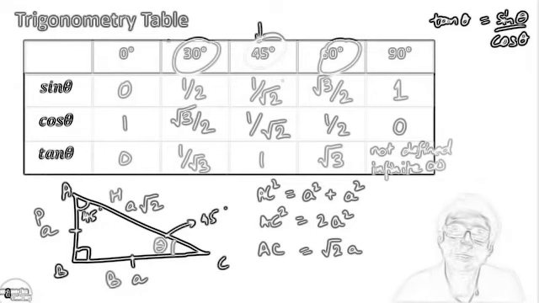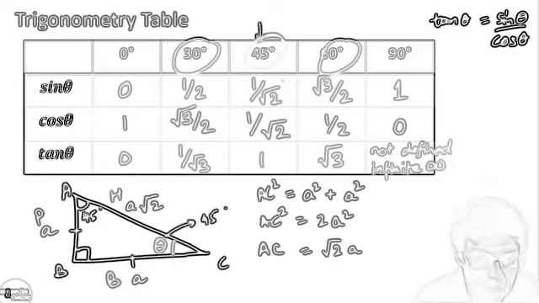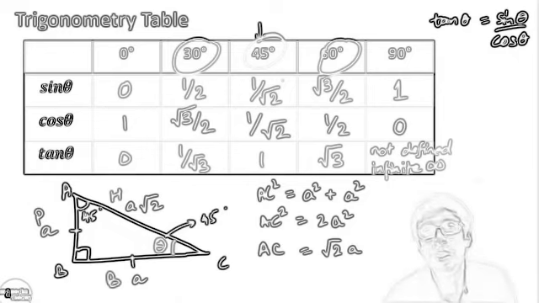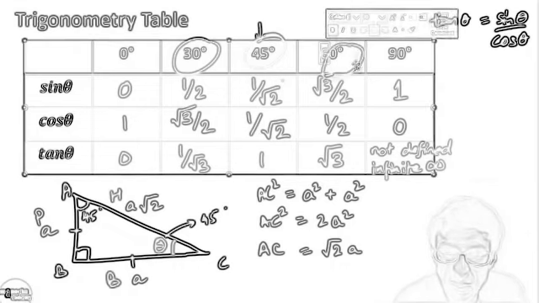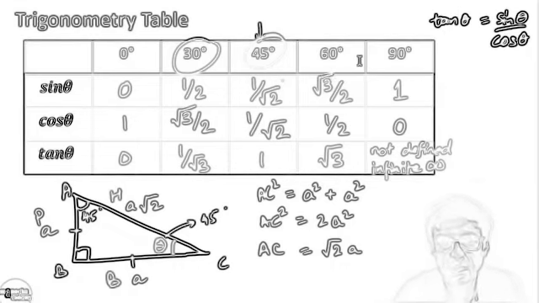So go and check your textbooks and you can prove these values in a very simple way. And make sure you learn this table because it's a very useful table for these standard values, 0, 30, 45, 60 and 90. Very good.